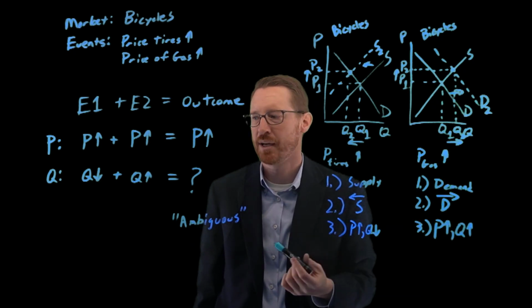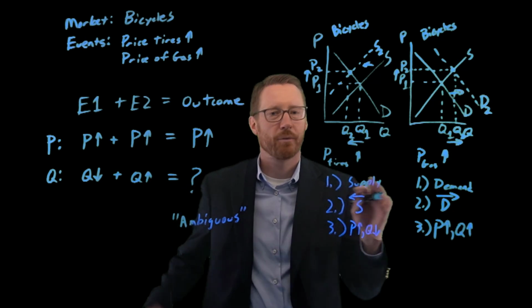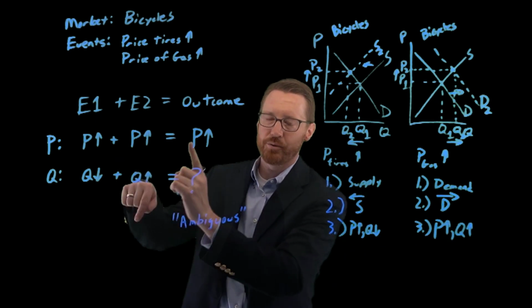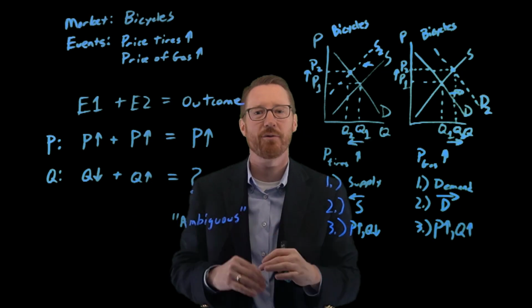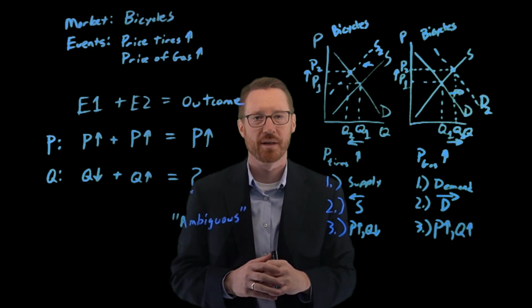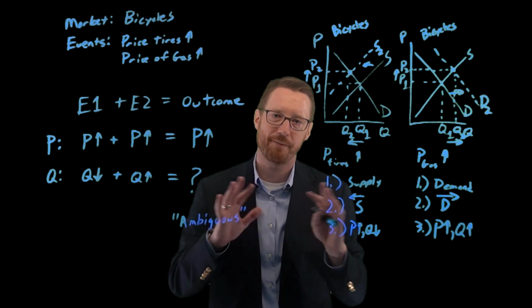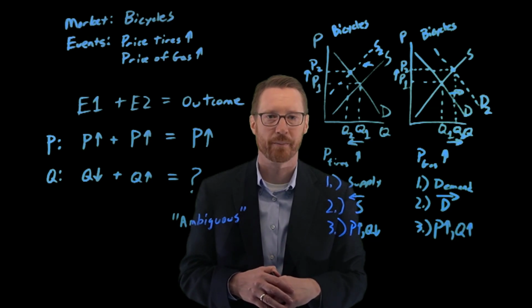In that case, we have a decrease in quantity. Regardless, the reason we end up with this question mark is because when we have opposing effects, unless we know the size of those effects, we can't tell what the total effect is, what that final outcome is, so we call that ambiguous.